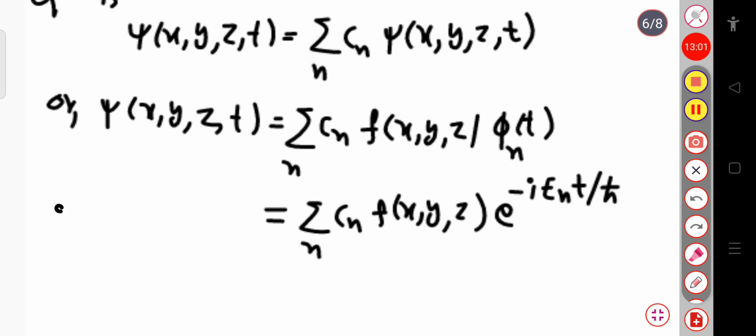This is the wave function, psi of x y z t, expressed like this.